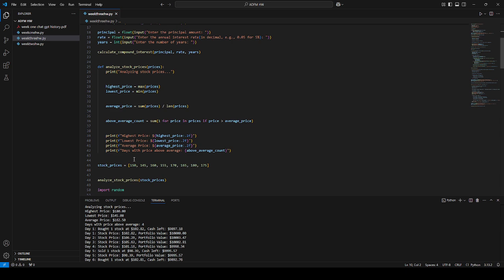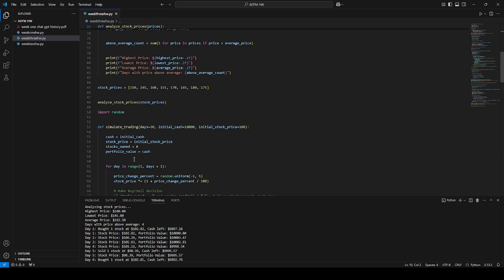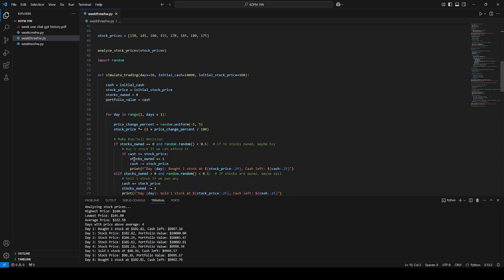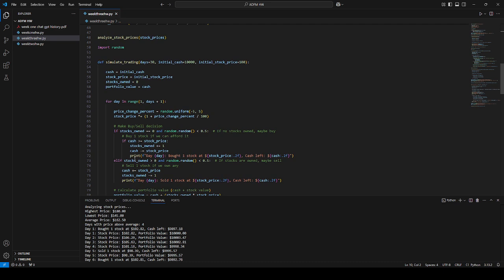And so our next one would be finding a trading strategy. That is lines 50 through 86, and I wanted to import random numbers, so this is the code for that.